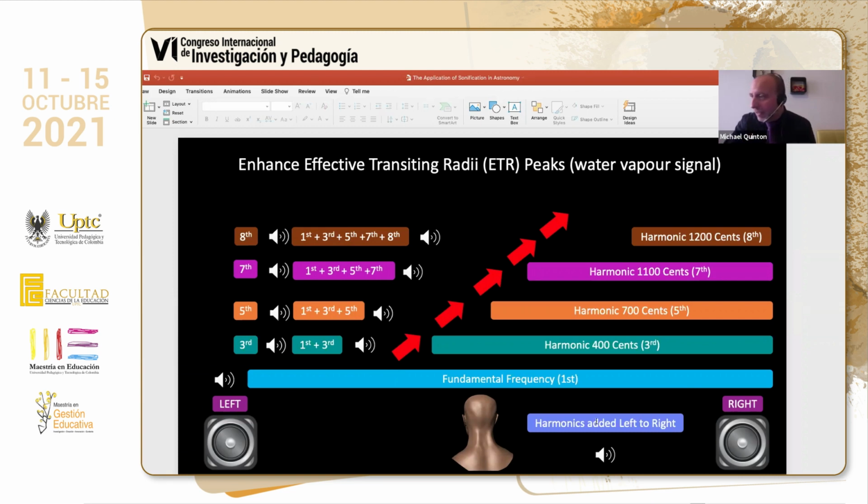So at the very end there, at the bottom of the right-hand side, I've got a small box saying harmonics added left to right. If you play that back, you'll be able to hear when each harmonic is added, you can hear them being added from left to right speaker.